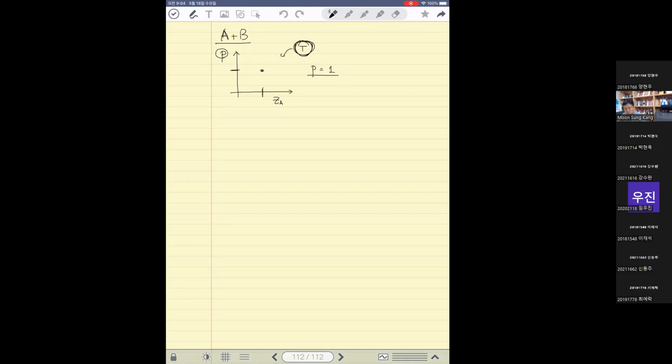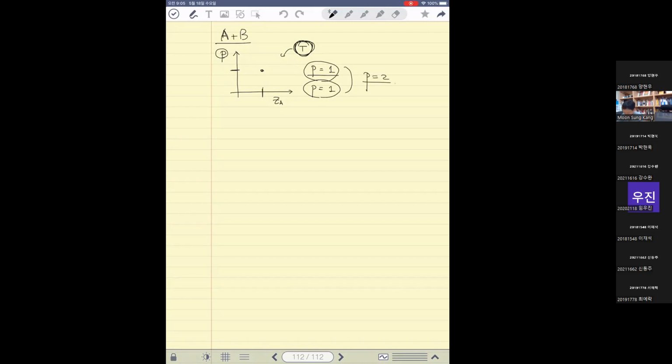You can have well mixed single phase with P1. You can have gas mixture forming a single phase as well. And you can have an equilibrium between liquid and the vapor phase. In that case, you can have P being equal to 2.